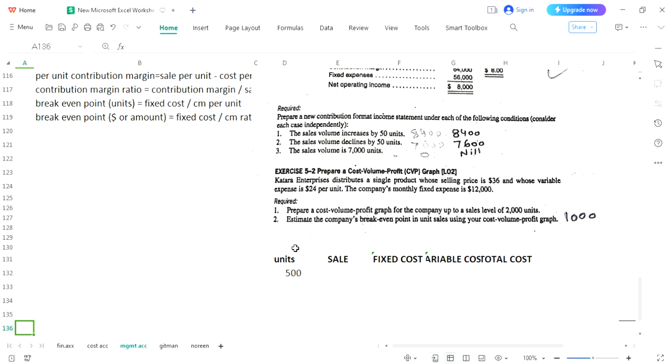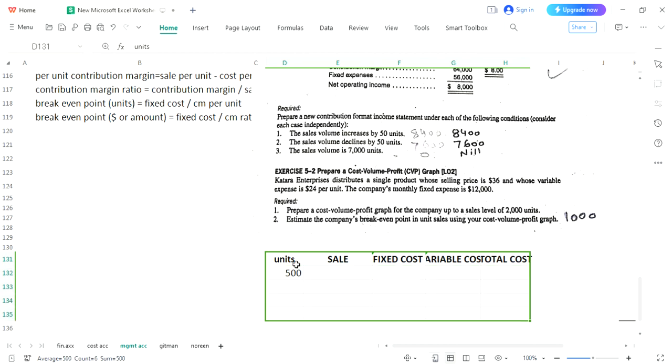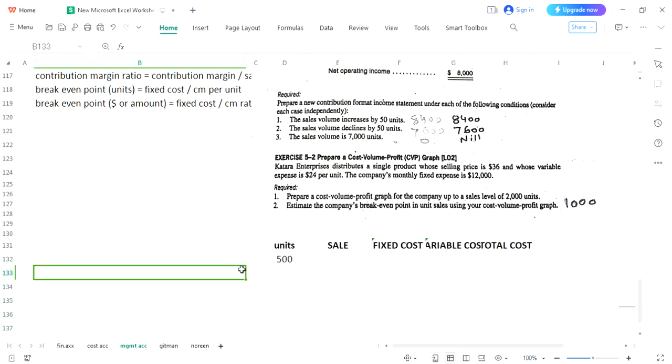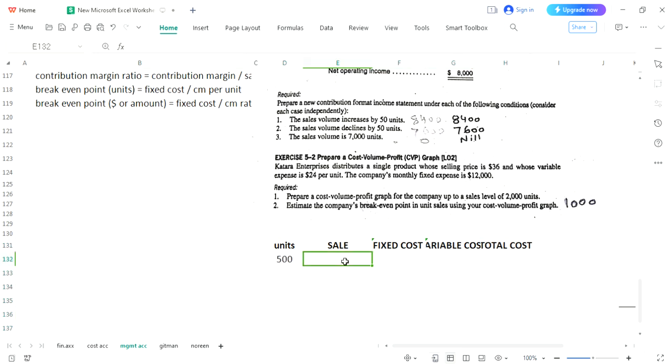Number of units you have sold was 500, and let me show how to calculate the sale price. Sale price is given in your question, that is 36. So how would you calculate the sale price if number of units are 500?